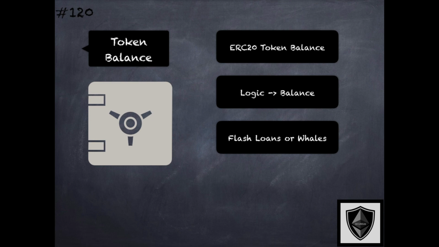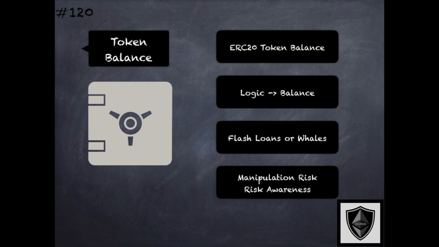And such a use of large funds or flash loans may be used by users or attackers to amplify arbitrage opportunities or exploit vulnerabilities where the logic incorrectly depends on low token balances. So this risk from large funds or flash loans needs to be kept in mind because it could be manipulated.